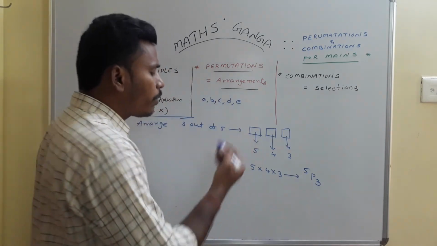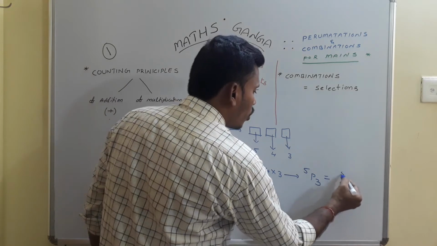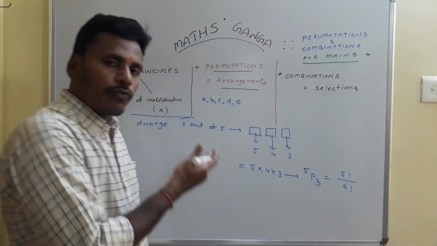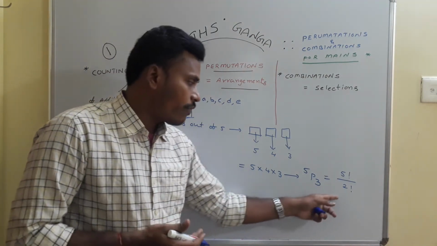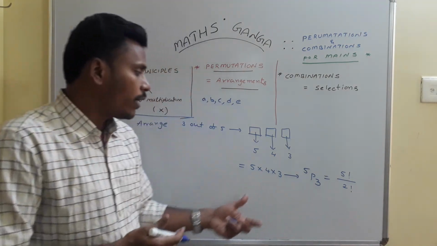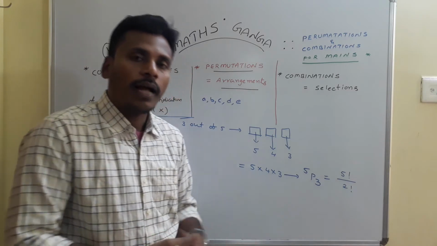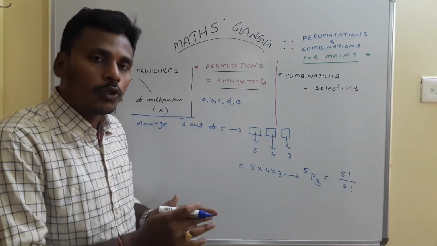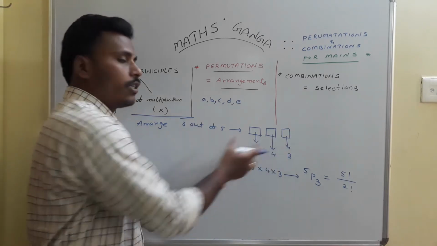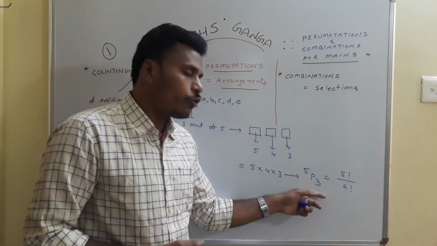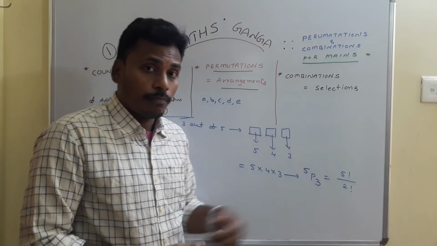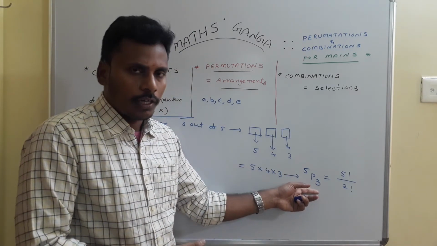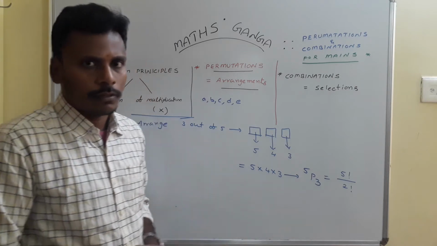That 5P3 is usually calculated using the rule 5 factorial by 2 factorial, because 5 factorial is 5 to 1, whereas 3 factorial is 3 to 1. Both will get 2 factorial, which is 2 to 1, and then it gets cancelled. You have to take 5 into 4 into 3. If you directly use the counting principle of multiplication, most probably there is no need to use the rule of permutation. If you are strong in using the rule of permutation, that is also comfortable.